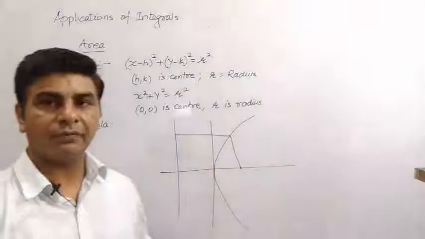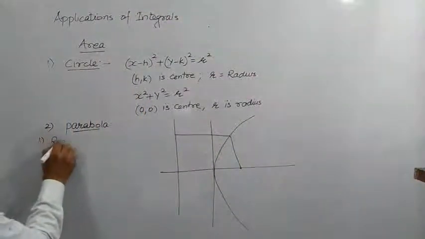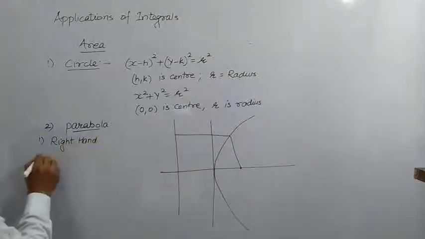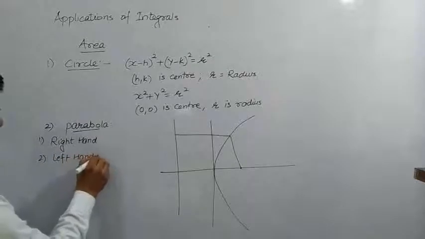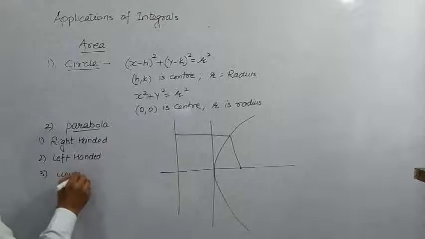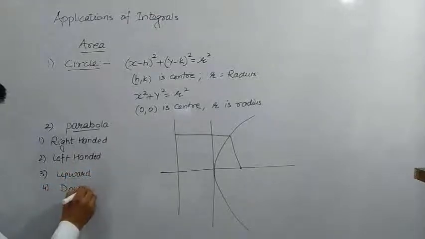This is of 4 types. Number 1 is the right-handed parabola. Number 2 is the left-handed parabola. Number 3 is the upward parabola. And number 4 is the downward parabola.